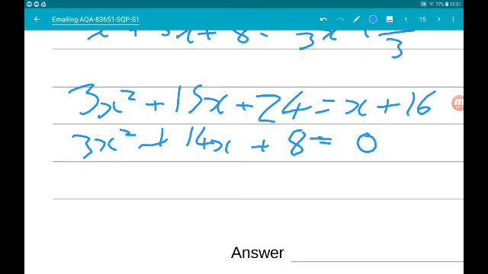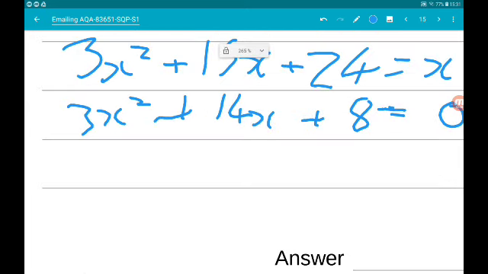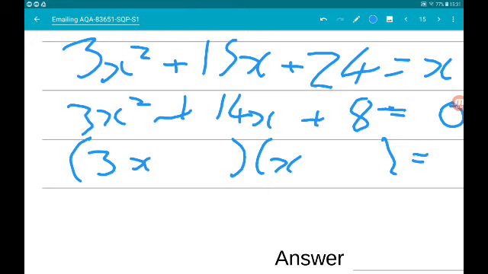Okay, now we should be able to factorise this. One bracket is going to need a 3x. The other bracket is just going to have a single x. Now then, everything is positive. So two numbers are multiplied together to give us 8. We've either got 1 and 8 or 2 and 4.